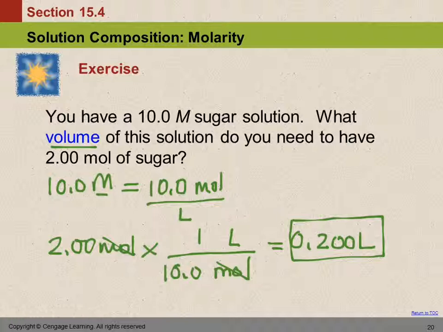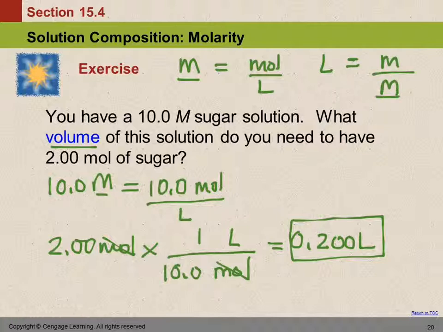Any questions? Yes? If you wanted to do that with algebra, you would use the molarity equals moles divided by liters. And then you would rearrange the equation, and you would end up with liters equals moles divided by the concentration.